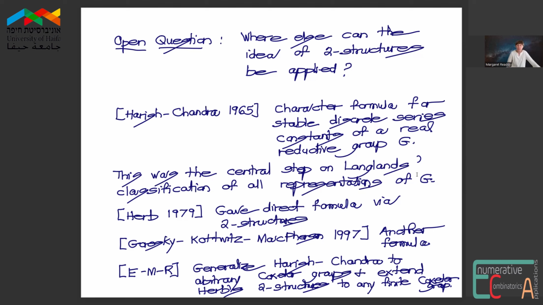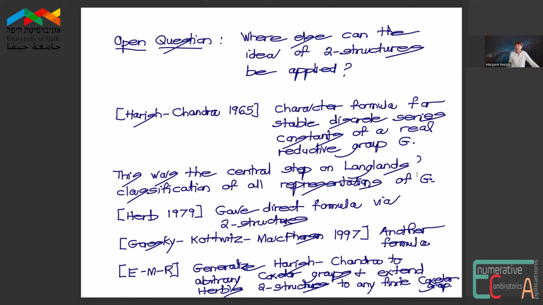In other work with Richard Ehrenborg and Sophie Morel, we generalized the Harish-Chandra character formula to arbitrary Coxeter groups. And this language that I used for Herb's 2 structures was actually something that we did. We actually had to recast this. And what does this mean for finite Coxeter groups? Again, where else can you use this idea?